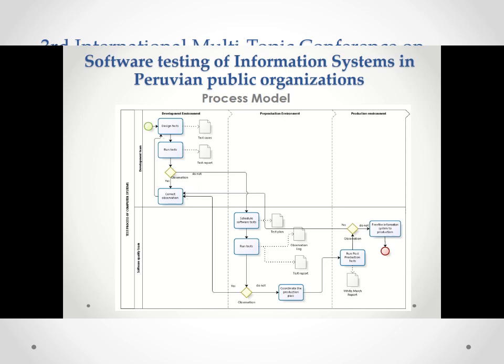What about the process model? The process model has the activities of a test process that must comply with the planning and debugging. Debugging is the systematic process to find and reduce the number of errors and defects in a computer program.